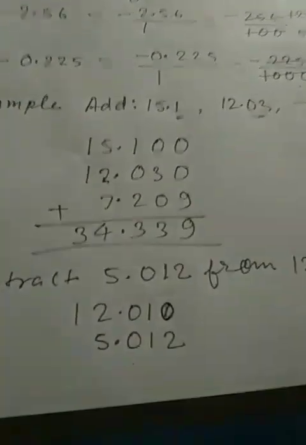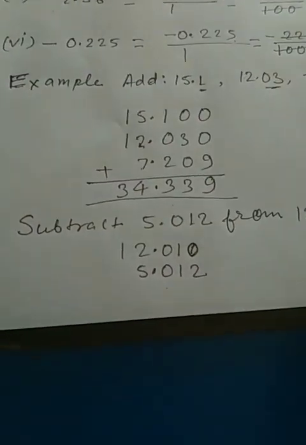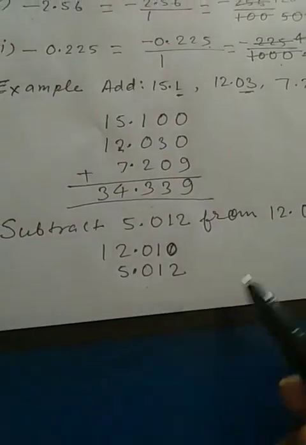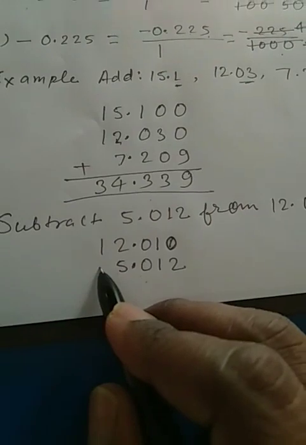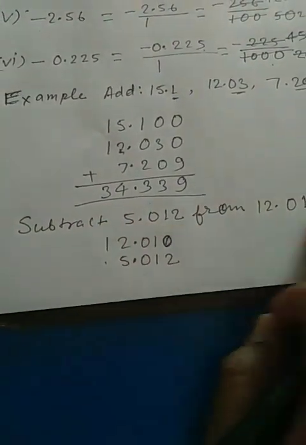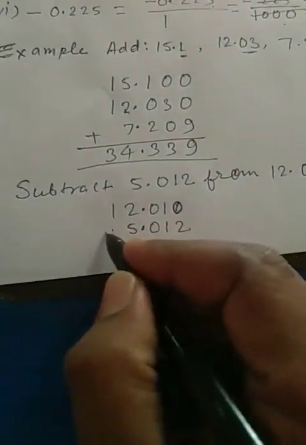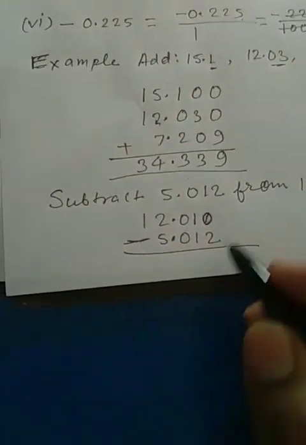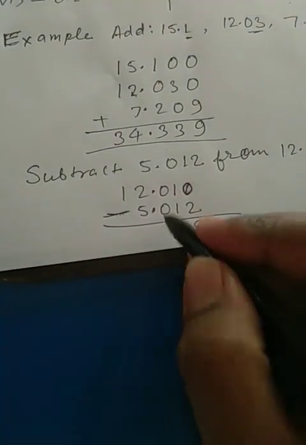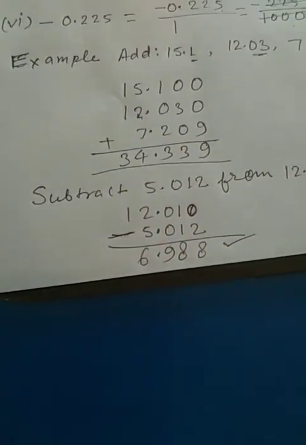Listen carefully, we have to be careful about the decimal part and the whole part. The whole part is written under the whole part, and the decimal part under the decimal part. Decimal part and whole part you have to write separately. Minus.